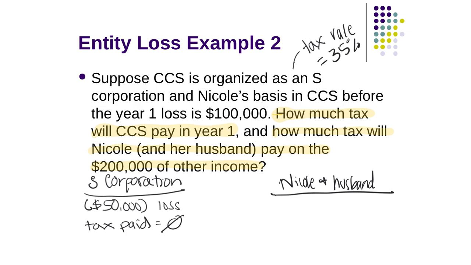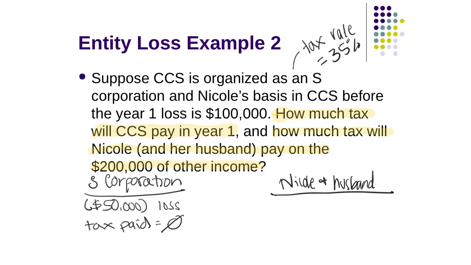So what we'll see in a second is this $50,000 loss is going to flow through to Nicole and her husband, and that will have an impact on the final amount of tax that they will pay. But for the S corporation's purposes, its tax paid is 0.